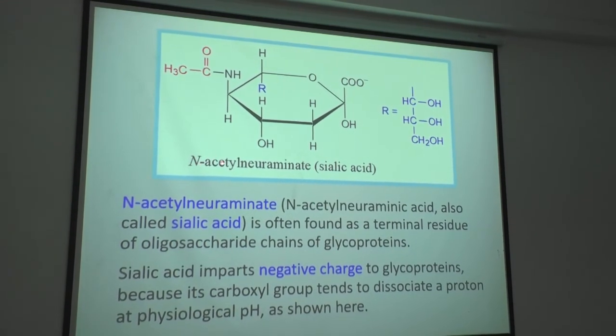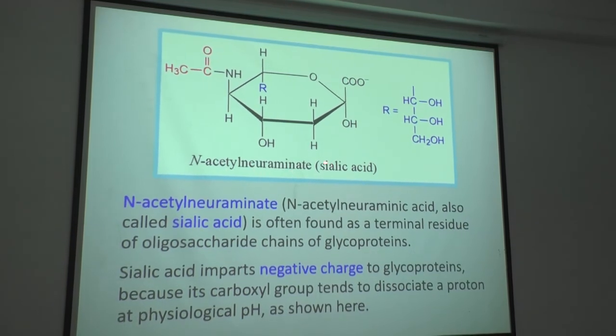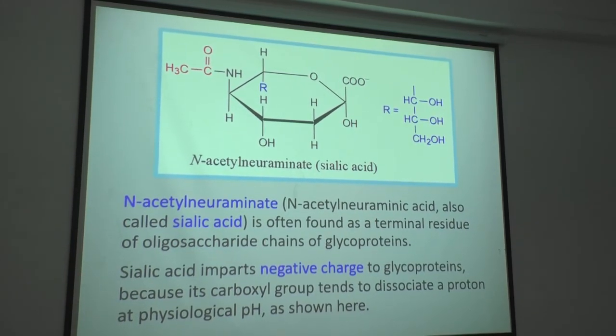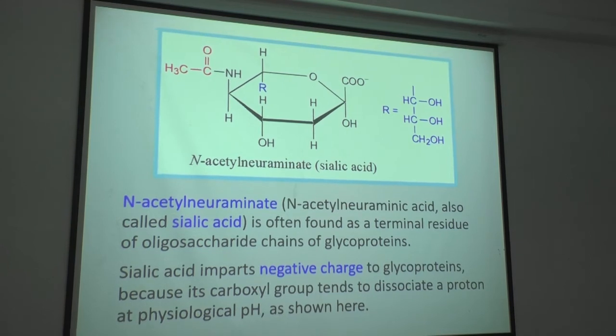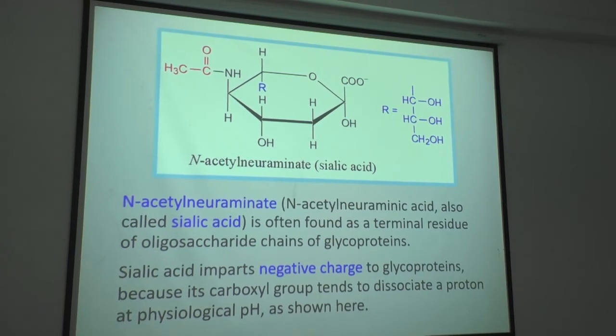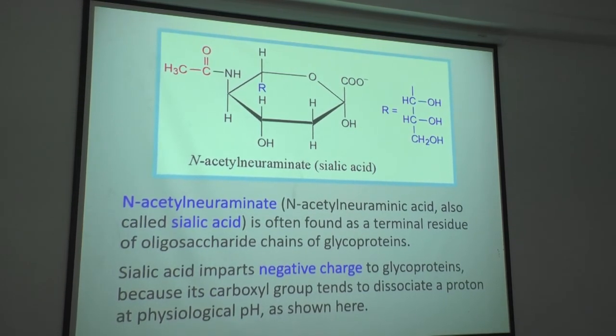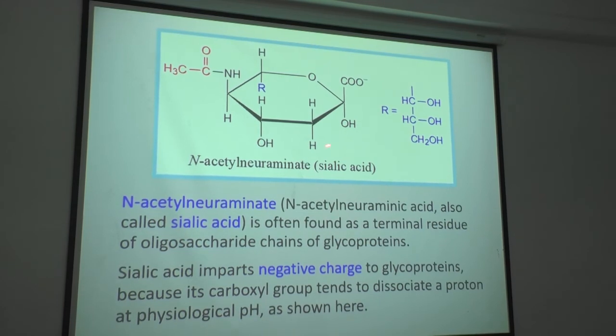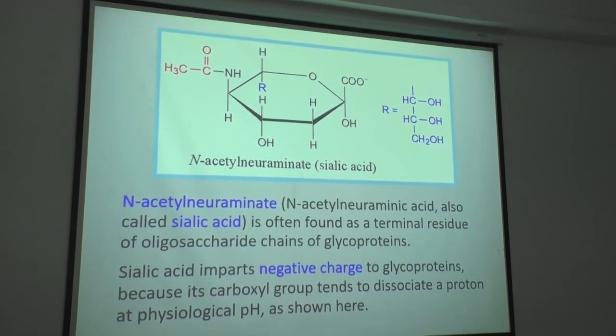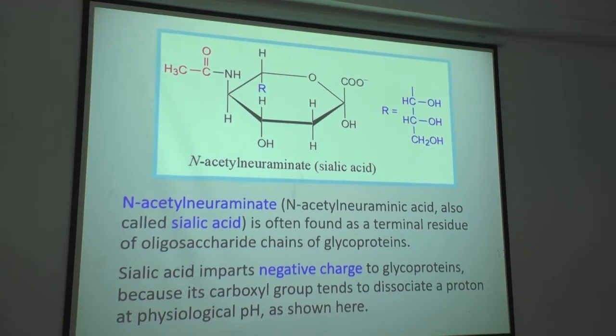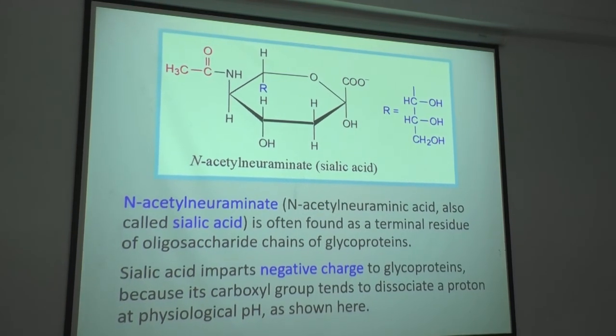We call it N-acetyl neuraminic acid or NANA. It is also called sialic acid. This is an example of a 9 carbon containing carbohydrate.